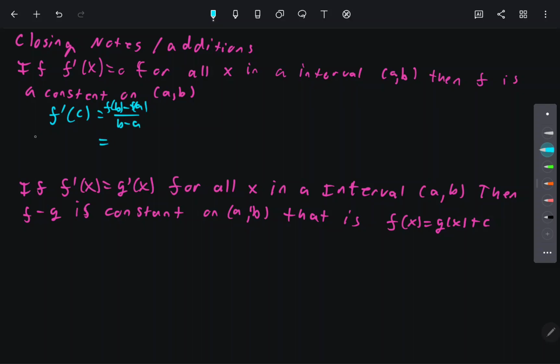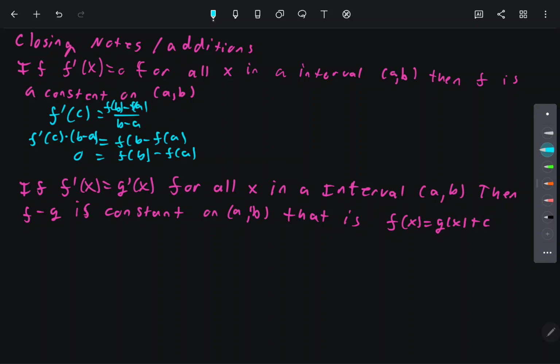We're then going to multiply this over, so we get f prime of c times b minus a is equal to f of b minus f of a. So then we get 0 is equal to f of b minus f of a. So what this really supposes is that these two values of f of x are the same for all values in the interval, as shown. Whenever you subtract the two, they're always equal to 0.